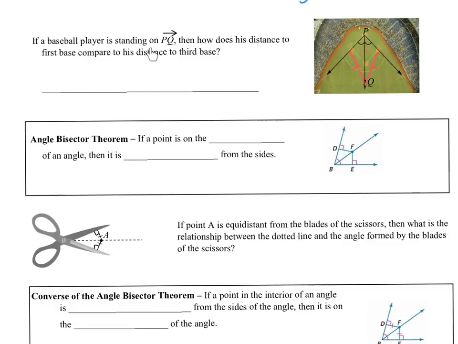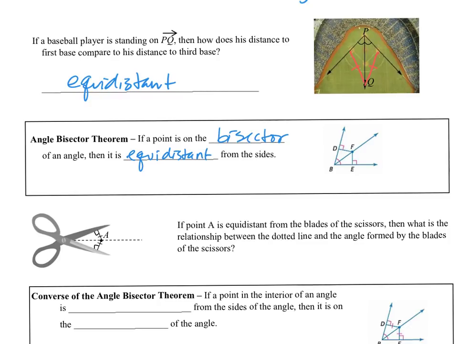So if a baseball player is standing on PQ, which is an angle bisector, then how does his distance to first base compare to his distance to third base? Well, they're going to be the same. So we can say that he would be equidistant from both of those bases. So that illustrates our next theorem called the angle bisector theorem, that says if a point is on the bisector of an angle, then it is equidistant from the sides of the angle.